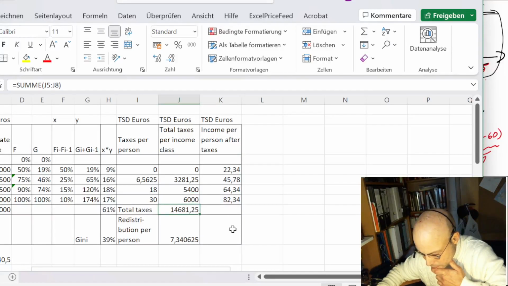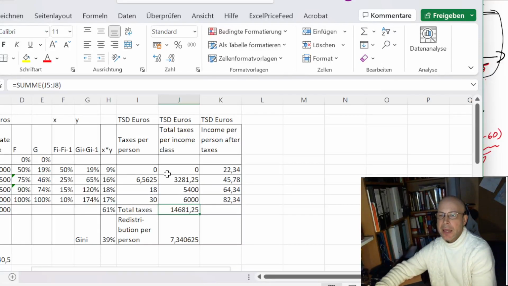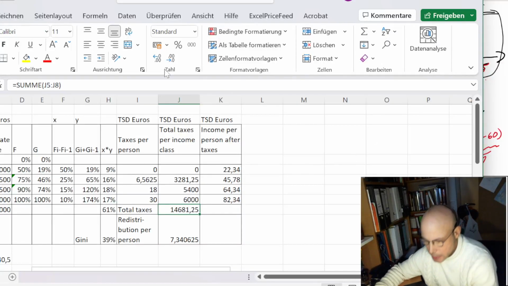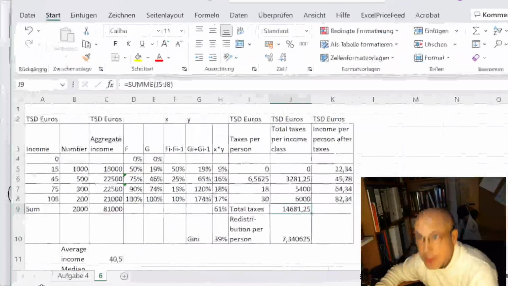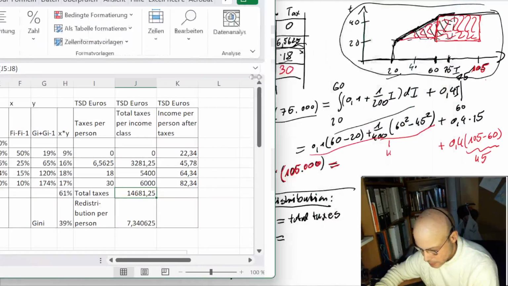Total taxes, at first we had to calculate how much. Now you don't see it. Let's move this like this.